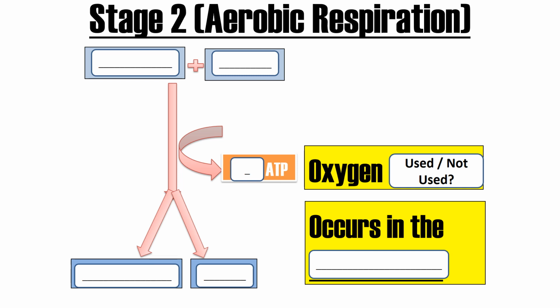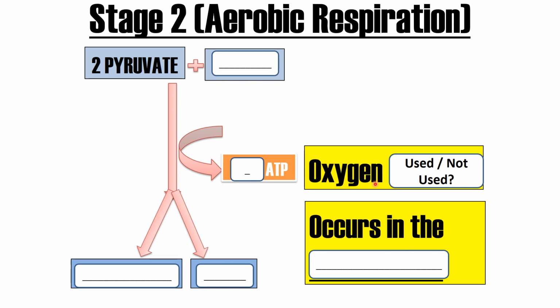Next, try this then. So stage two, aerobic respiration, press pause. So we have the 2 pyruvate, which has been produced in stage one.